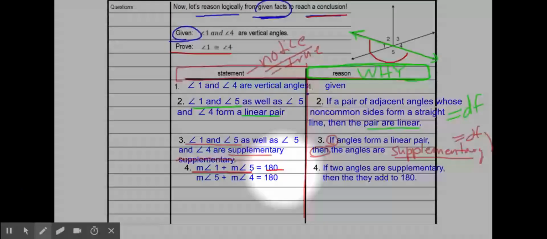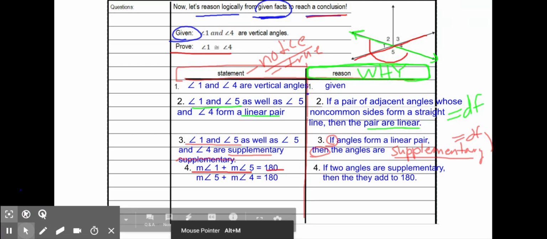How do I know that? If two angles are supplementary, then they add to 180 degrees. And also angle 4 and angle 5 are making supplementary angles.